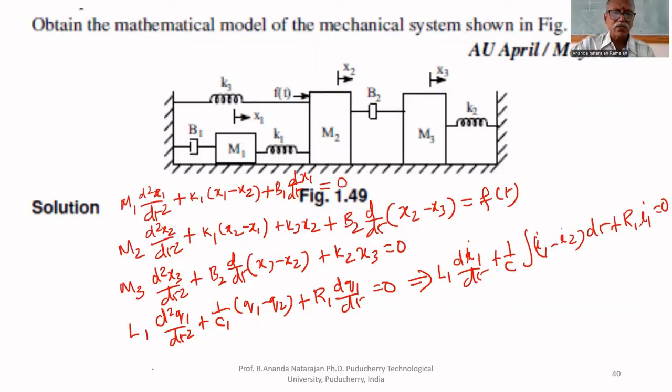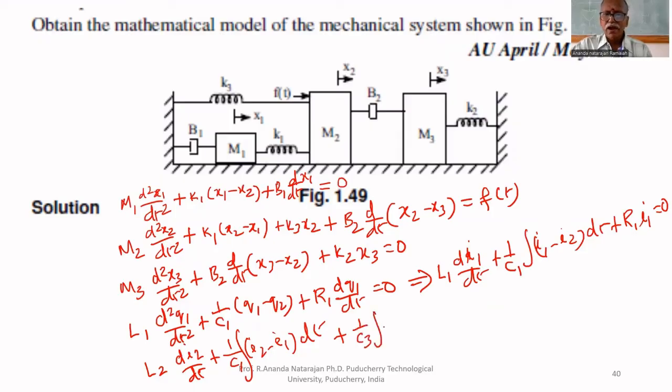Similarly, if you consider the second equation, what will you get? L2 dI2/dt plus 1/C1 integral of (I2 minus I1) dt plus 1/C3 integral of I2 dt plus R2 multiplied by (I2 minus I3) equal to f(t). Sorry, v(t).